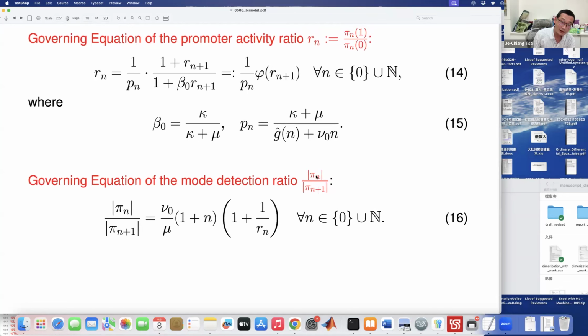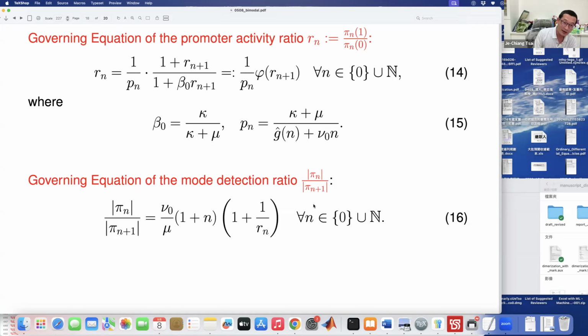If this ratio is larger than 1, then locally you will have a decreasing distribution. And if it is smaller than 1, then locally you will have an increasing distribution. So I call this number the mode detection ratio, because it tells us whether the distribution will be going up or going down, depending on whether this quantity is less than 1 or larger than 1.